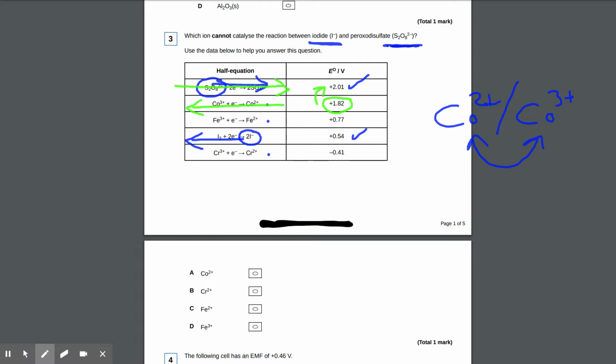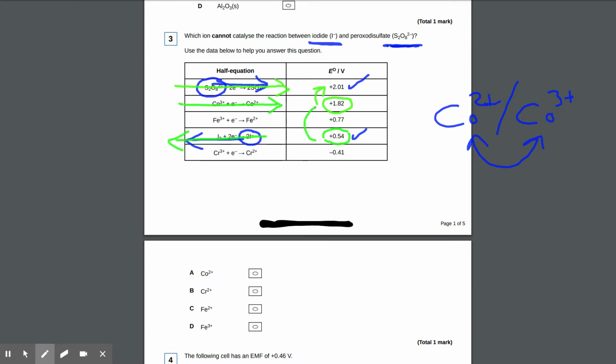The question is, though, will the cobalt 3+ be able to be brought back to regenerate the cobalt 2+ by the iodide? And in this example, yes, it will. Because if the iodide goes backwards, as we're wanting it to do, then a voltage which is higher than the 0.54 volts will be asked to go in the forward direction.